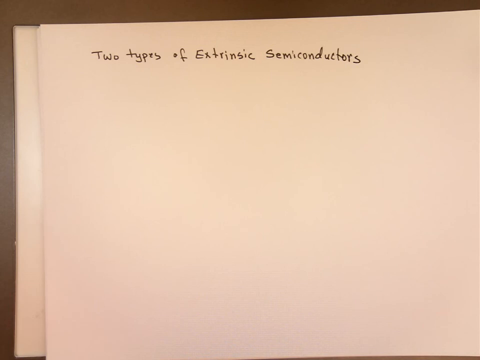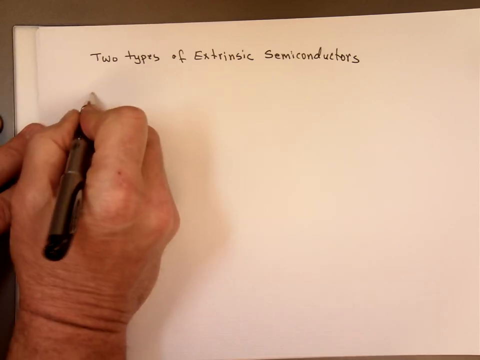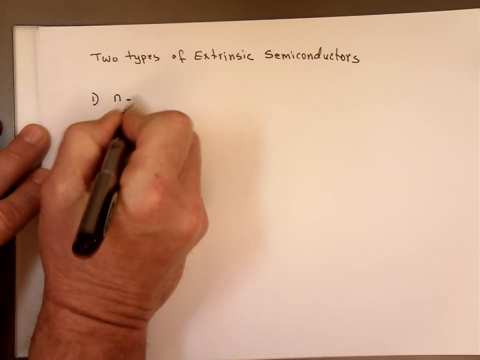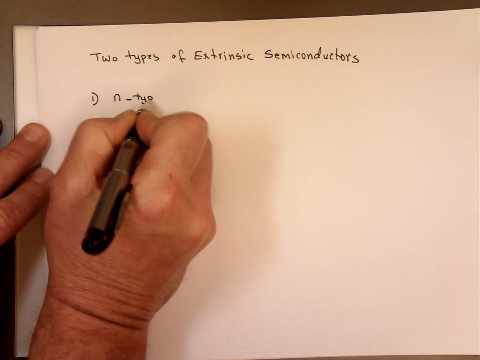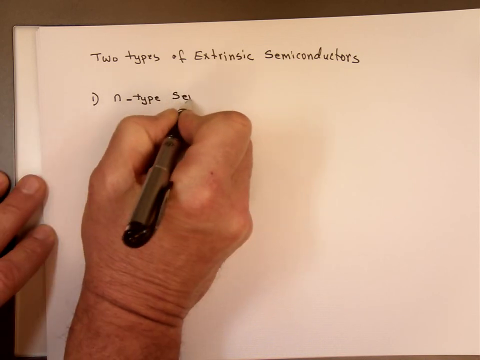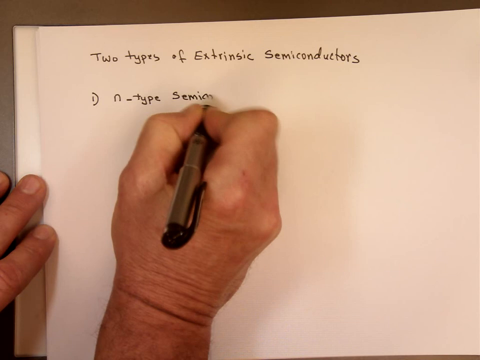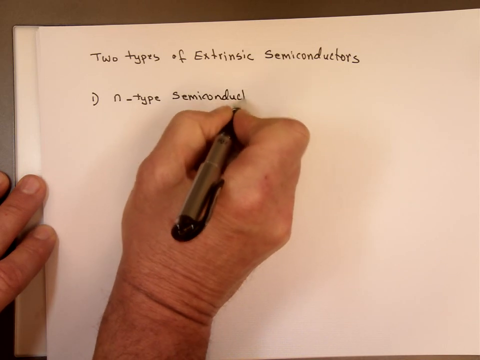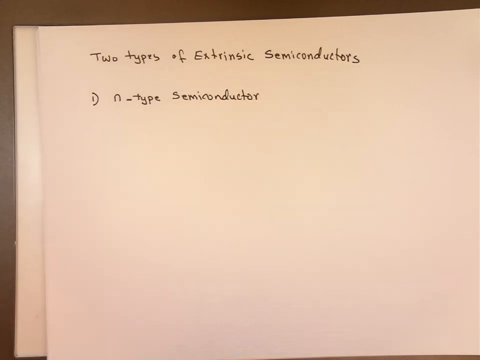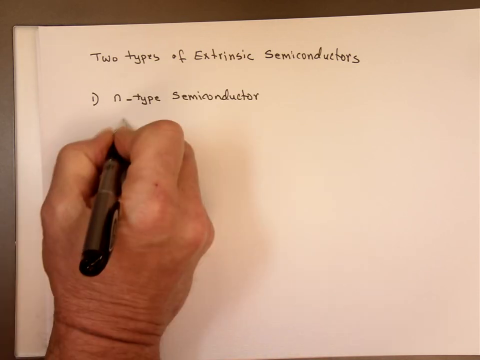We'll call the first one the N-type semiconductor. I wonder why they call it the N-type. Actually, the N stands for negative.